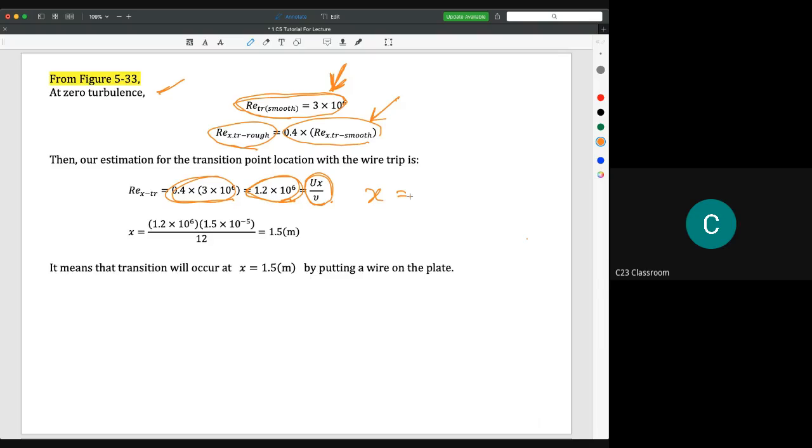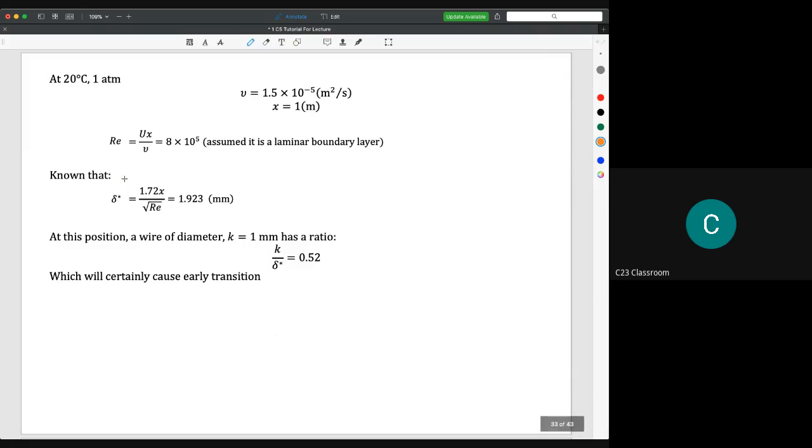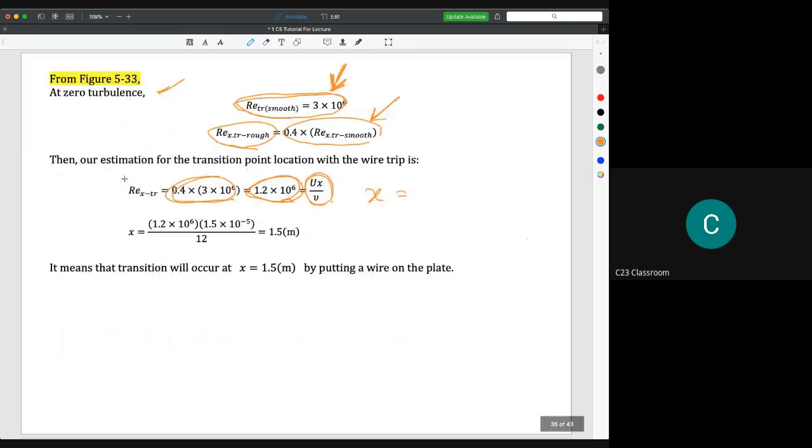The value of x comes out as 1.5 meters. So if we put a trip wire here, at a height of 1 millimeter, we predict the transition will occur at x equal 1.5 meters. So, okay, this is the meaning.